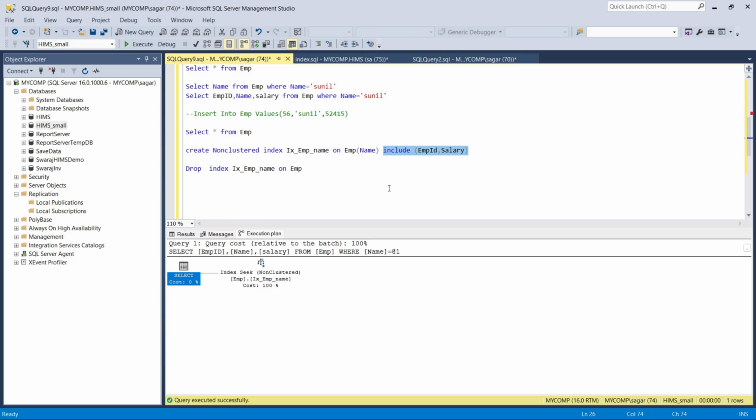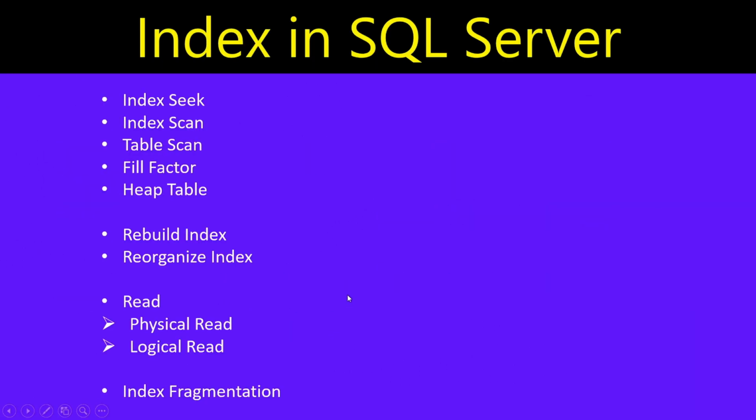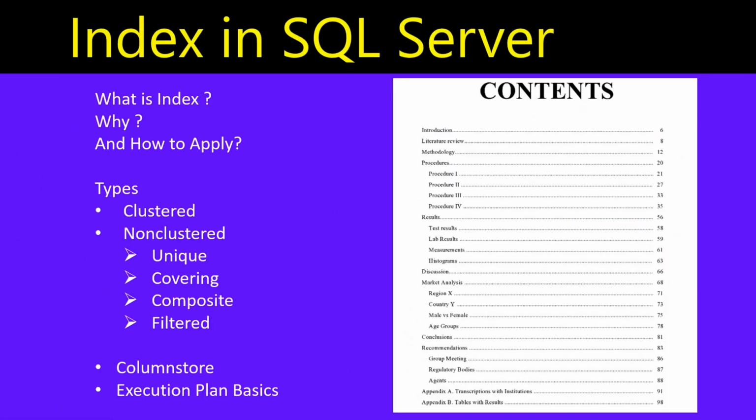And there are some different types of indexes as well, as I showed you already in the PPT. For the non-clustered index, we saw the basic definition, what it contains and how it is applied for searching. These are some of the types: unique index, covering index, composite index, filtered index.